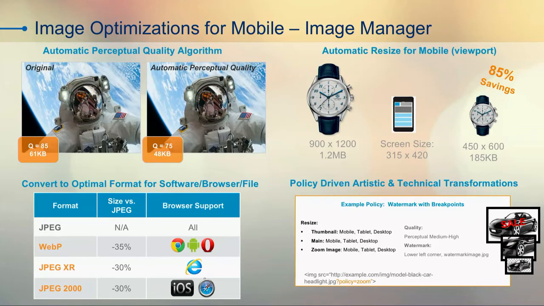Other than that, we have something called automatic resizing. As you guys know, there are lots of mobile devices with different screen sizes and resolutions available out there. Now, it's really difficult for you to manage so many variations of these image sizes. So what Image Manager does is dynamically resize the images to fit the viewport width of the device.